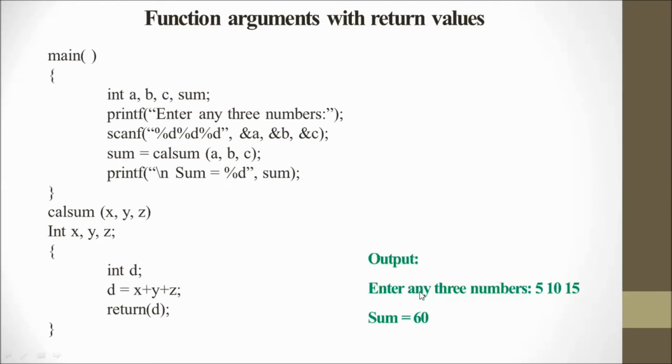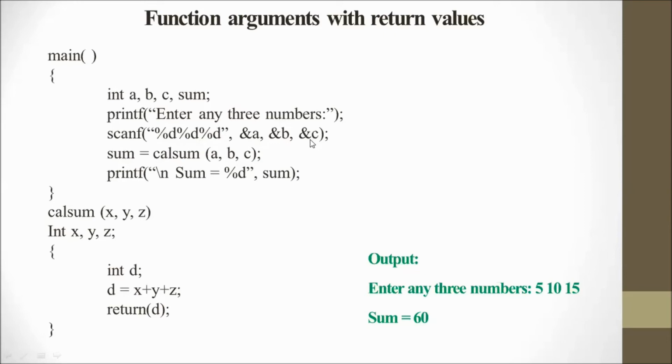Here we see in the output, first of all this message will print: enter any three numbers. So we enter three numbers 5, 10, and 15. These are scanned and stored via the scanf function in a, b, and c.